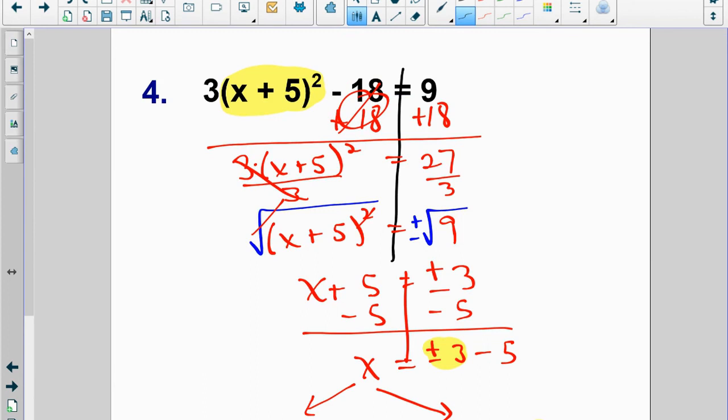Then square root both sides like we did right there. Remember the plus minus symbol. Don't forget about that. That's very important. And then when you're solving what's left over, keep in mind we have to split that into 2 separate equations. One where we take the positive value, one where we take the negative value, and finish solving for x in both cases.